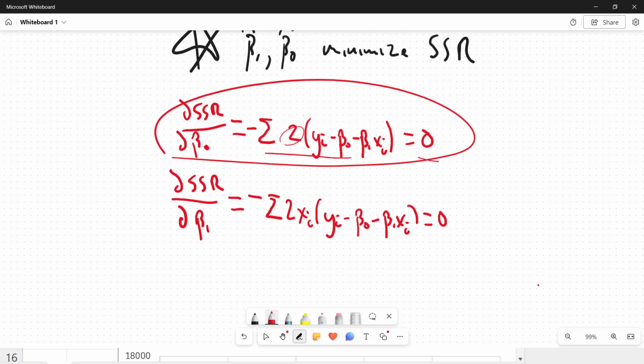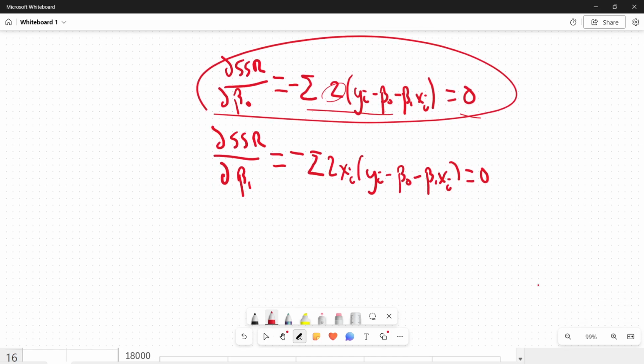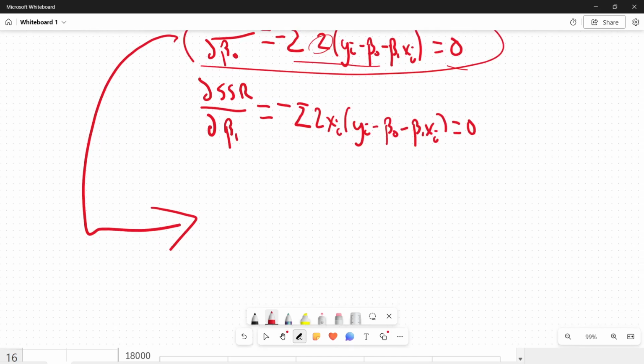And I'm going to jump in with this and say, okay, well, if all of those added up are 0, let me write it out that way. The first order condition, sum of all the yi minus beta 0 minus beta 1 xi, these still have parentheses, equal to 0.